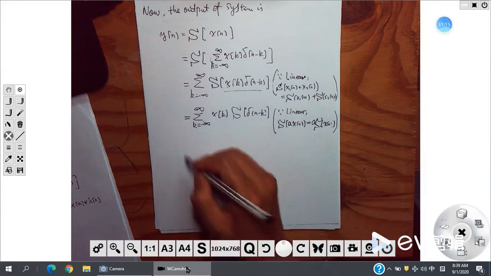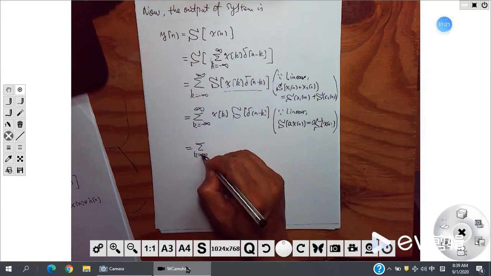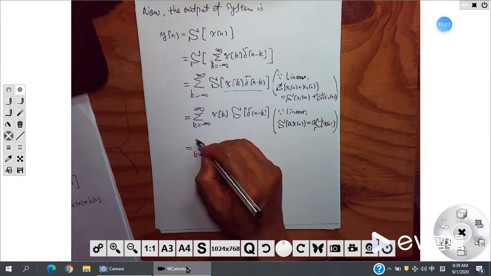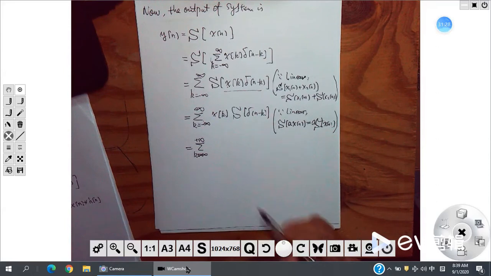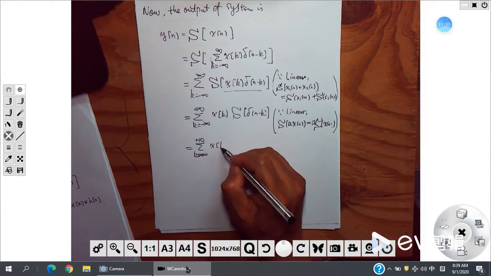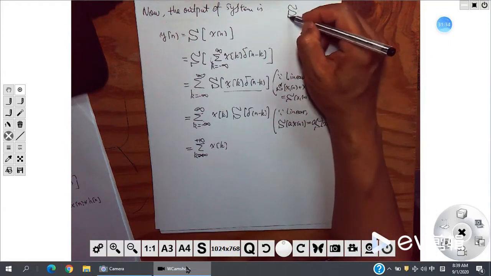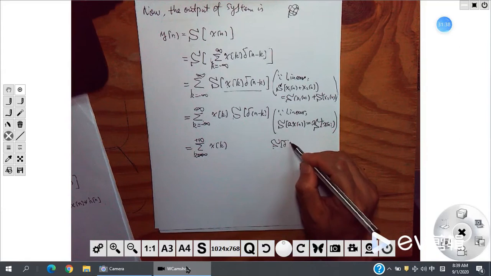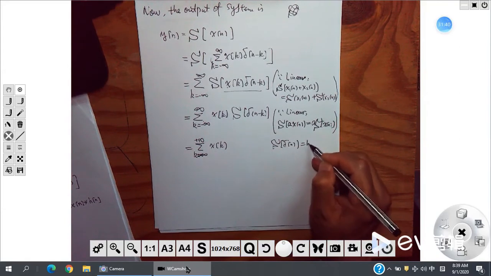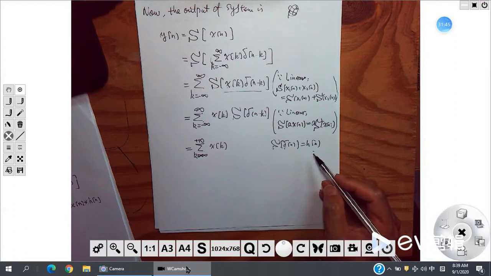Then another step, copy the summation from negative infinity to positive infinity. Then x of k times S of delta. This is the impulse response: when you input the delta, the output is h, the impulse response.